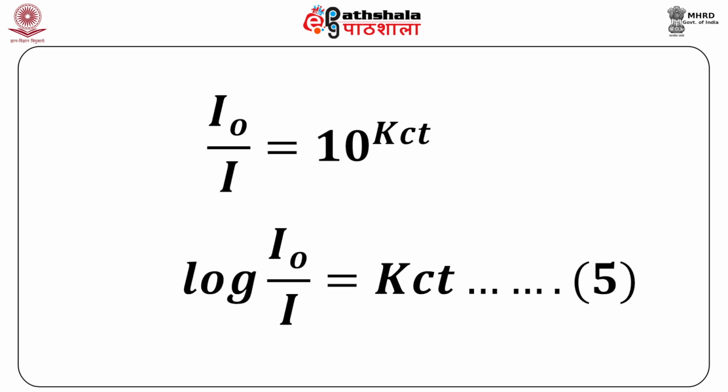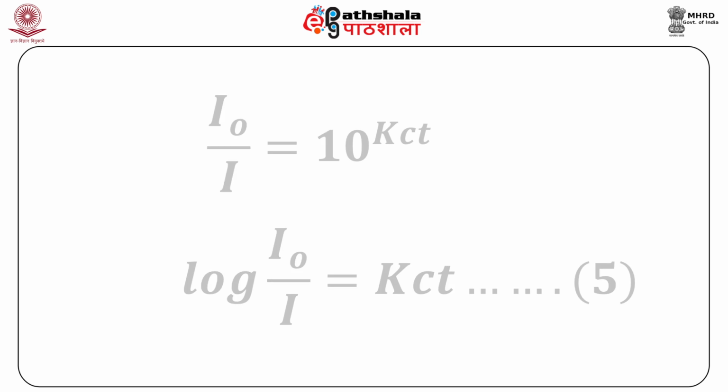The log is now taken on both sides to give log of I₀ by I is equal to KCT. This equation is now called equation 5.